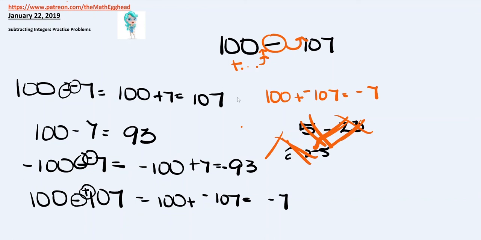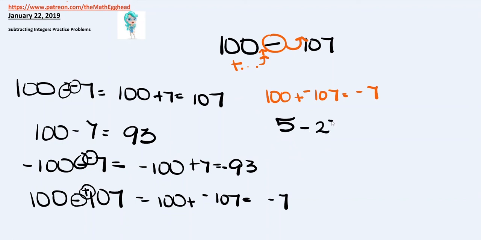So let's think about this first. If you had 5 minus 23, well, we know that the first number is smaller than the second number. So obviously the answer is going to be negative. But if you're someone that's first starting off with integers, that would be your first reaction.